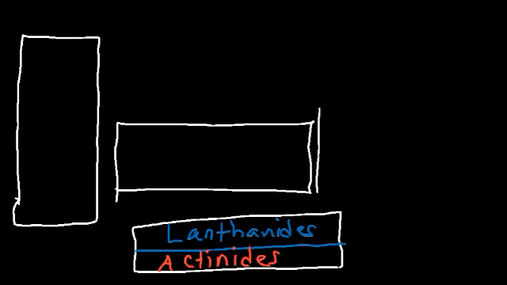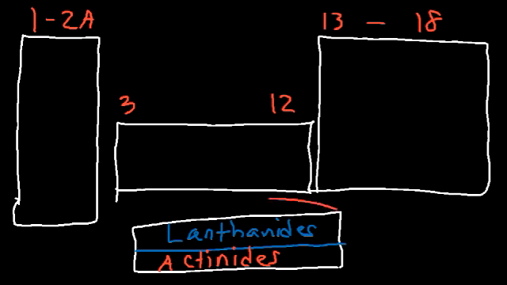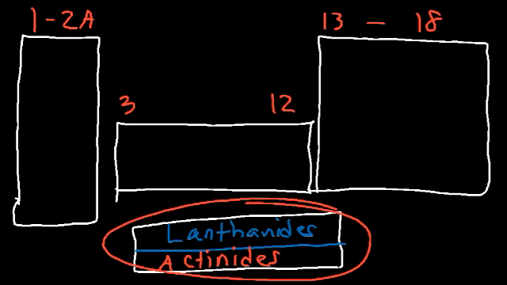And then you have the elements on this side, which we're about to go over. So groups 1 to 2A and groups 13 to 18, these are known as representative elements. Group 3 to 12 is the transition metals, and then this is the inner transition metals, which are non-representative elements.